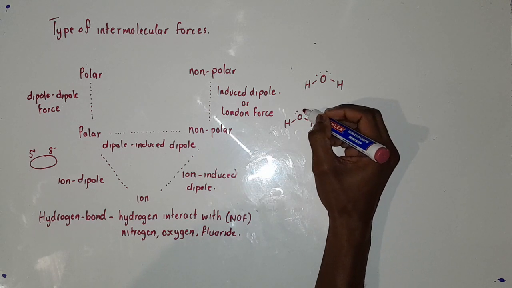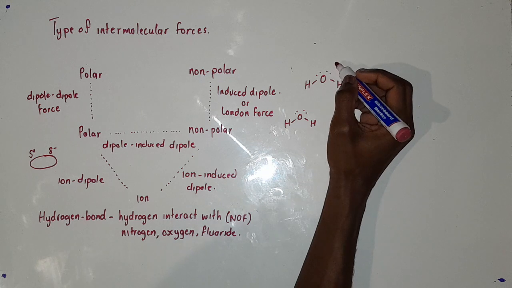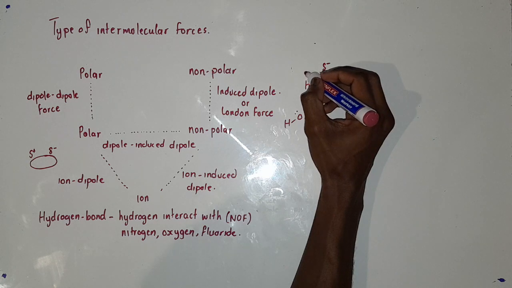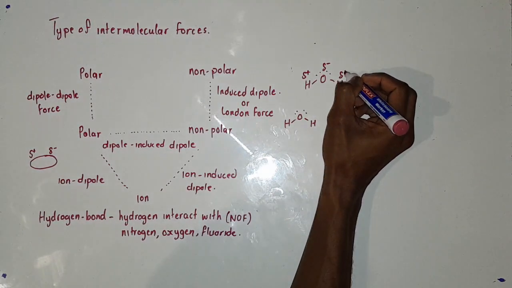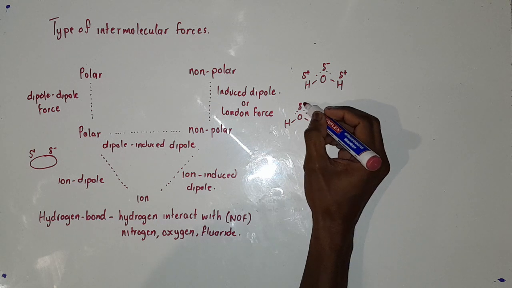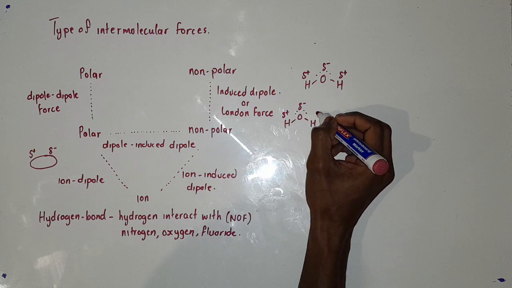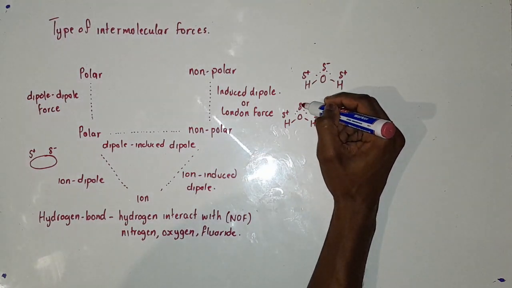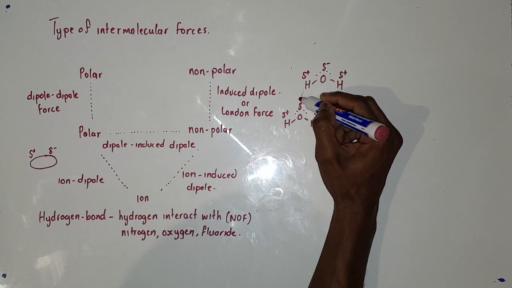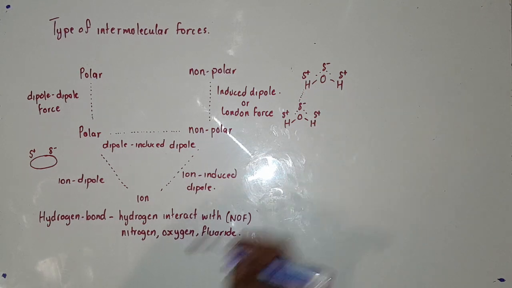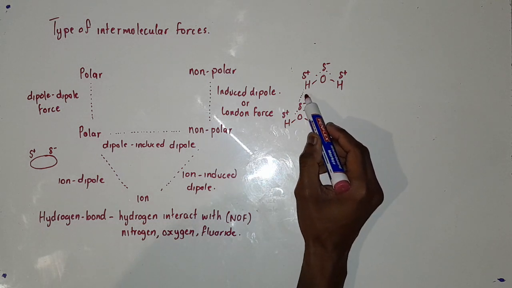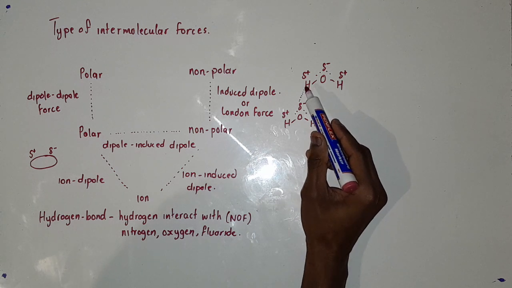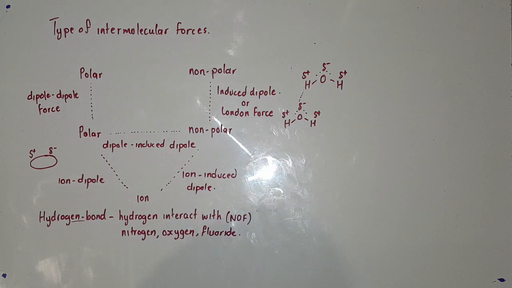What is going to happen? We know that oxygen is slightly negative and hydrogen is slightly positive. Do you see negative and positive? They are going to interact like this. Then we call this intermolecular force between O and H a hydrogen bond.